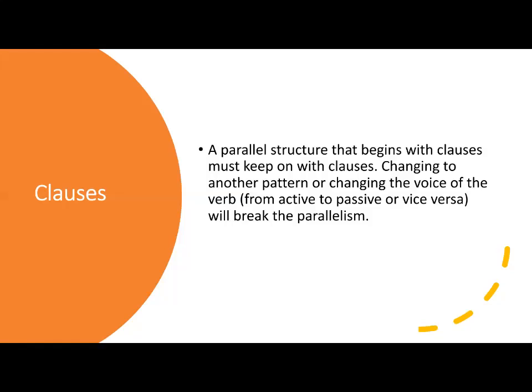Now, what is a clause? I've thrown this word around a little bit. Parallel structure that begins with a clause must keep on with clauses. Changing to another pattern or changing the voice of the verb from active to passive or vice versa will break the parallelism. So basically, if you change your verb form halfway through, then you're breaking the parallelism.